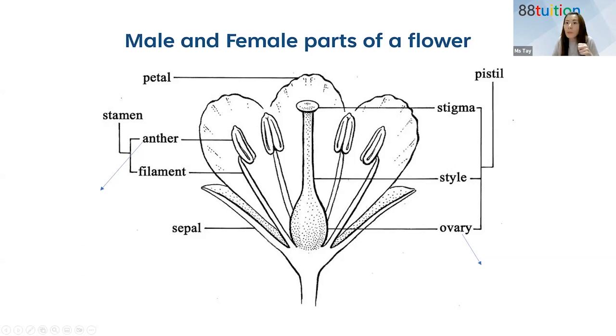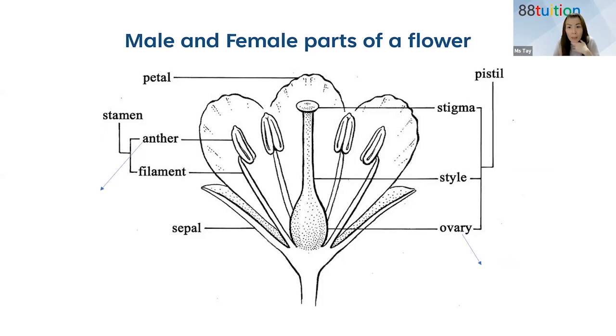Can y'all remember? If you want to take a screenshot, you can, but you must remember stamen here, male part of a flower. Then over the other side, okay, we have the pistil. Pistil consists of stigma, style, and ovary. This is actually the female part of the flower. So next time I ask you what's pistil, you must know.